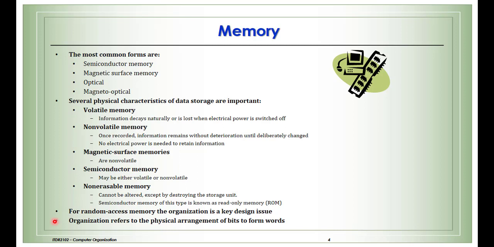All the magnetic surface memories are non-volatile, meaning they keep the data even without power. And the semiconductor memory could be either volatile or non-volatile. Non-erasable memory means memories whose content we cannot change. Now for random access memory or read-write memories, the organization is the key design. Organization means how the bits are arranged inside this memory, and of course this will affect the speed of reading and writing the data.